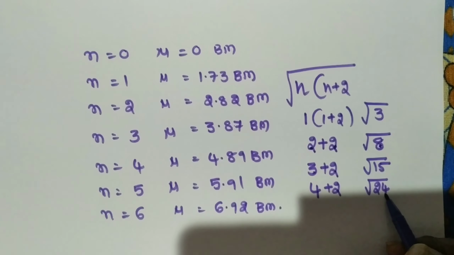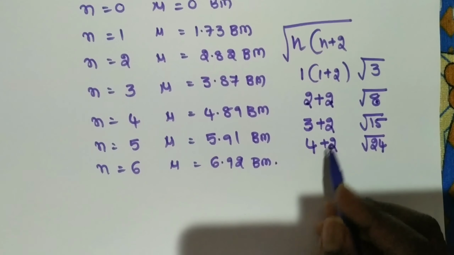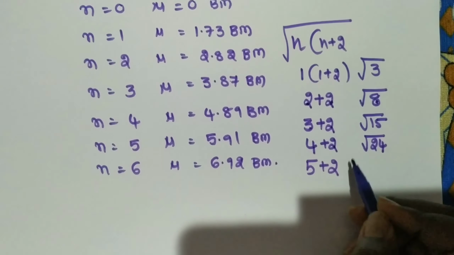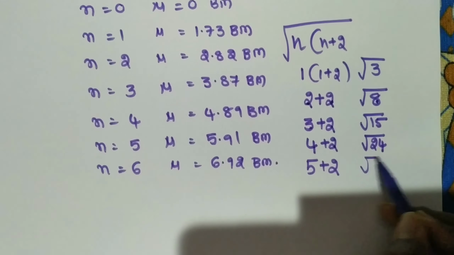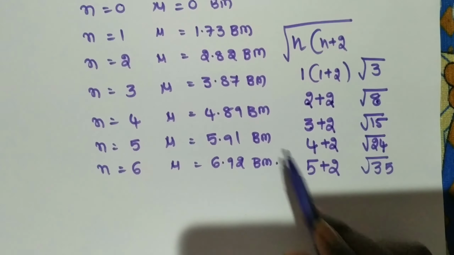Root 24 value is 4.89. Like that we did here. The number of unpaired electrons is 5, we add 2 and that value is multiplied with 5. 5 plus 2 is 7, 7 fives are 35, root 35. Root 35 value here is 5.91.